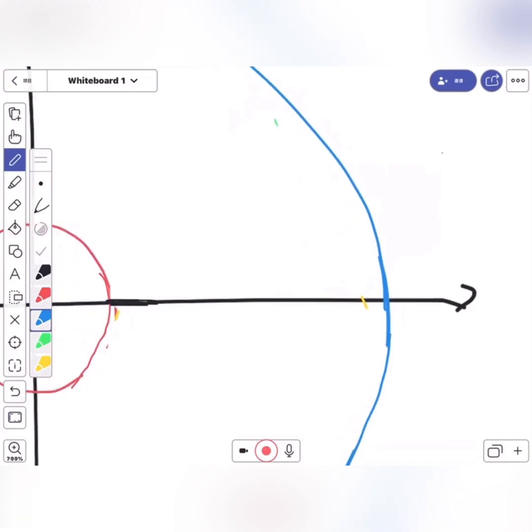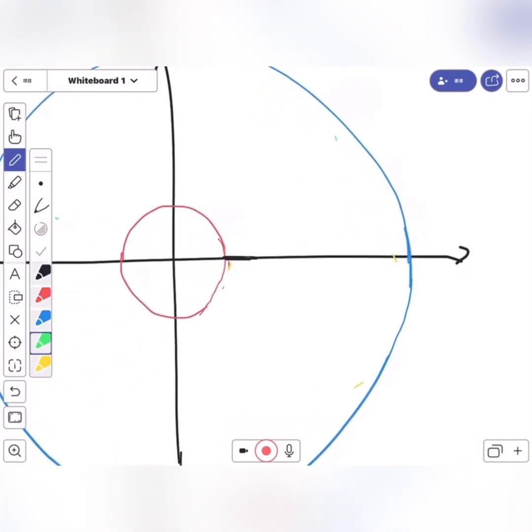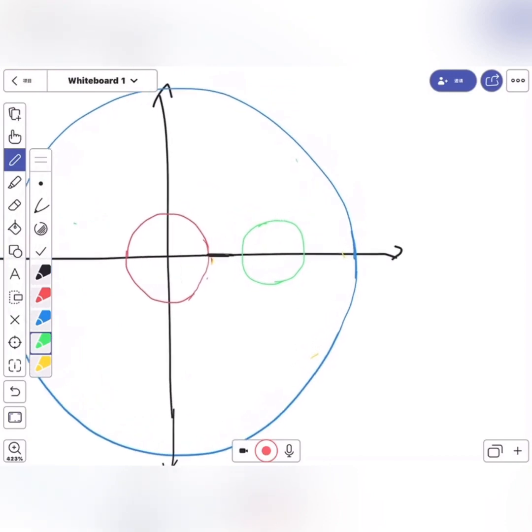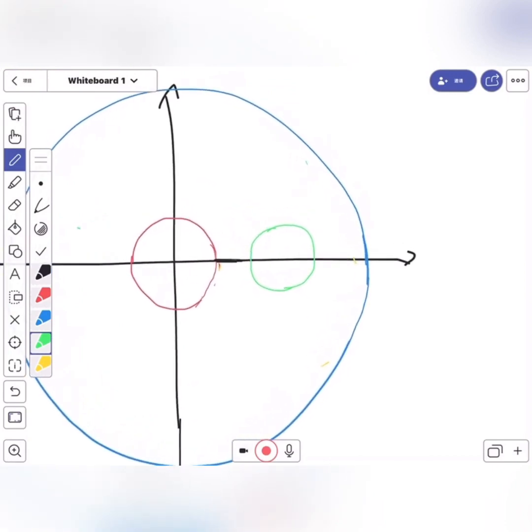So the circle would just be landing somewhere right here, this circle right over here. So now let's draw all possible cases.